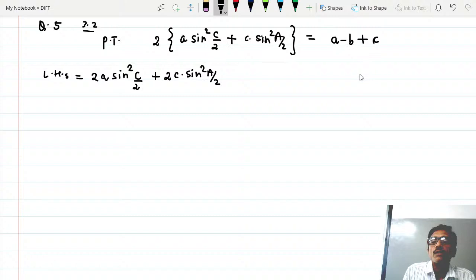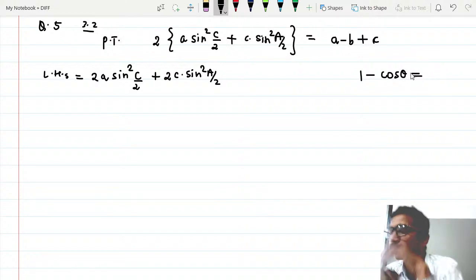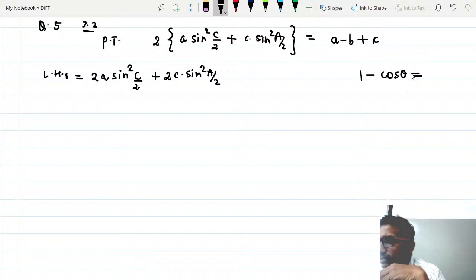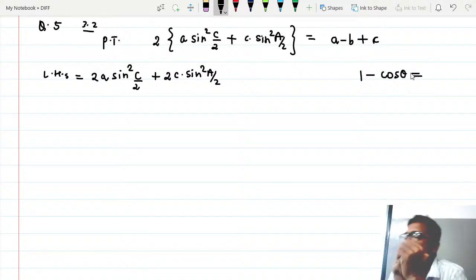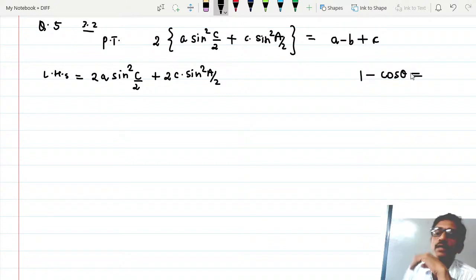Now, 1 minus cos theta is equal to what? Can anybody answer? Those who remember this identity, please type it.